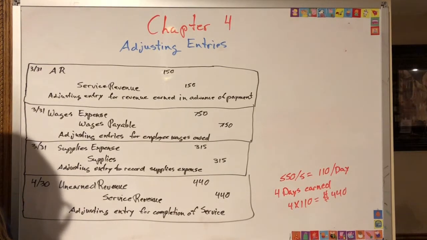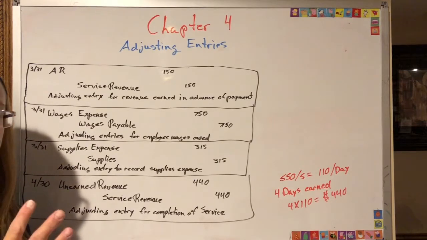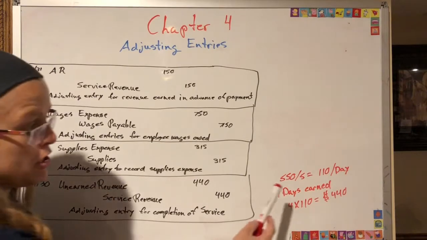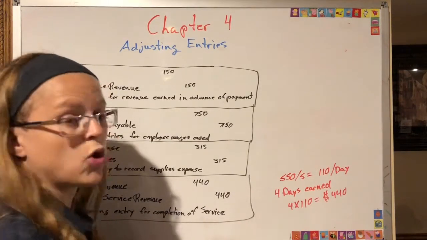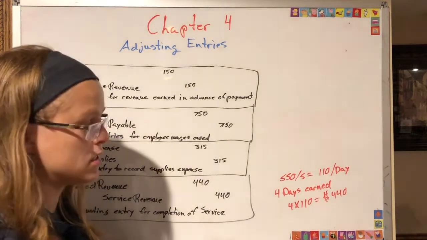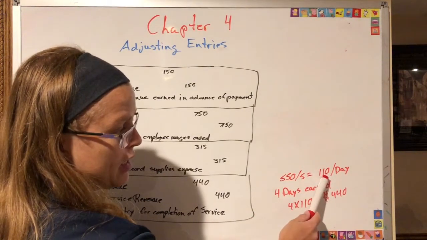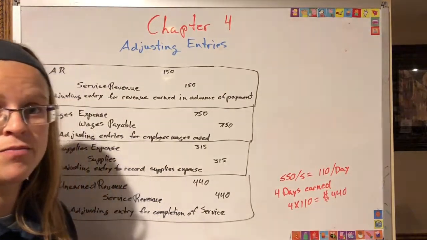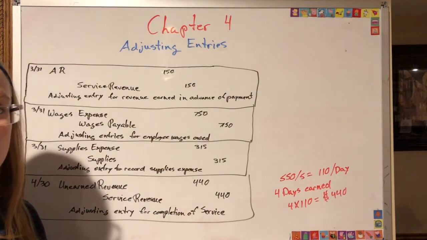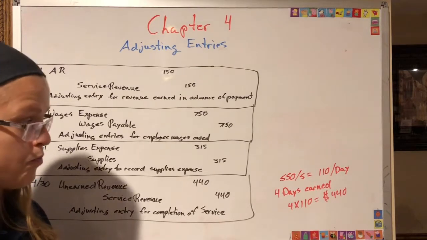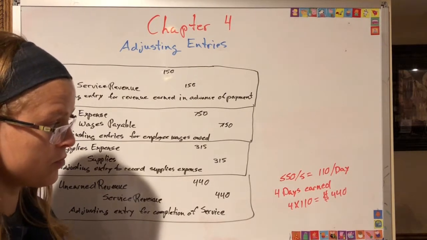So Ann gave 4 days of lessons. All right, so if she's paid $550 total for the 5 days, we divide that by 5, and we get $110 per day. So Ann's getting $110 per day for the one-on-one lesson with the athlete.